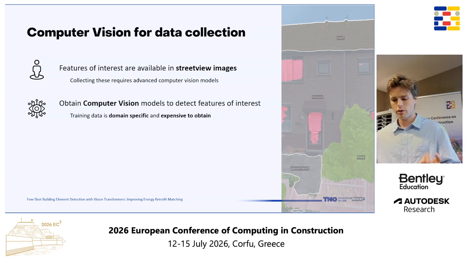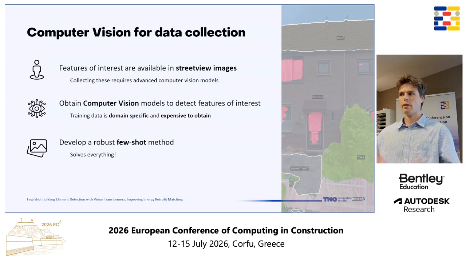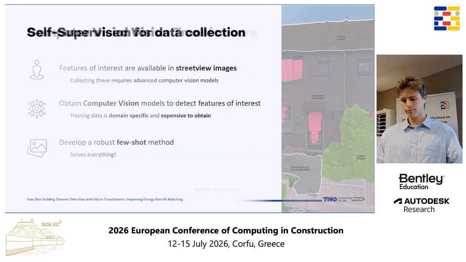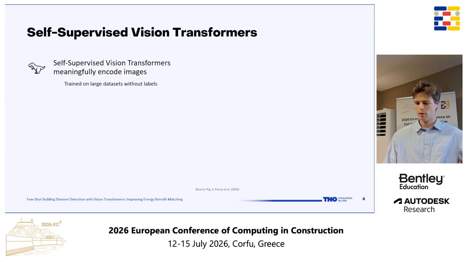Or it's not available yet. Sometimes it is. But what we want is a robust method that we can use where we only have a few examples of what we're looking for, and then we can detect this in Google Street View.